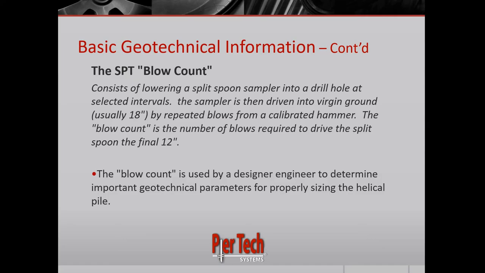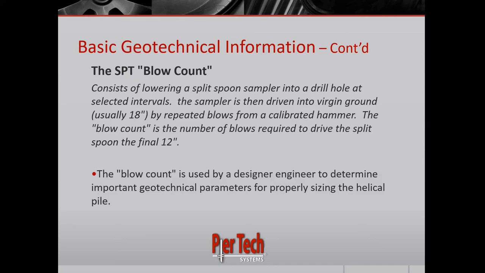Once you get beyond 50 blows per foot, you can have helical pile refusal during installation. It's so dense that the pile reaches its maximum torque and can no longer be driven.